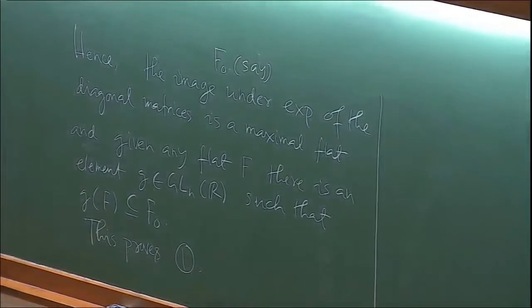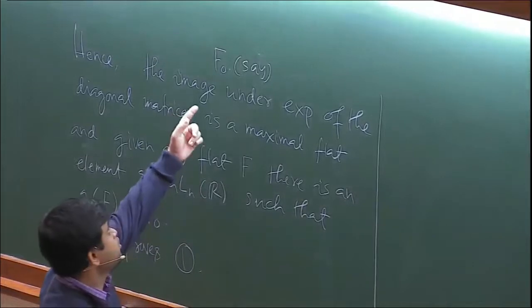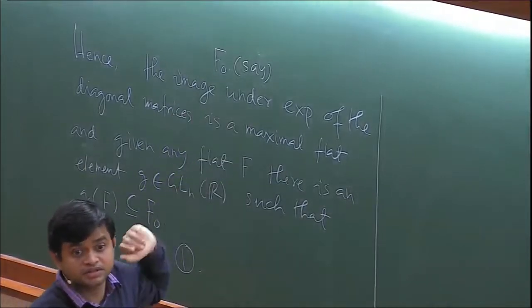Okay. And so therefore GL_n(R) is acting transitively on the maximal flats. But we have to prove that it acts transitively on the pairs. So for that, it is enough to show that I just choose any point, right, on F naught, and I'll show that it is acting transitively on the pairs (F naught, P).